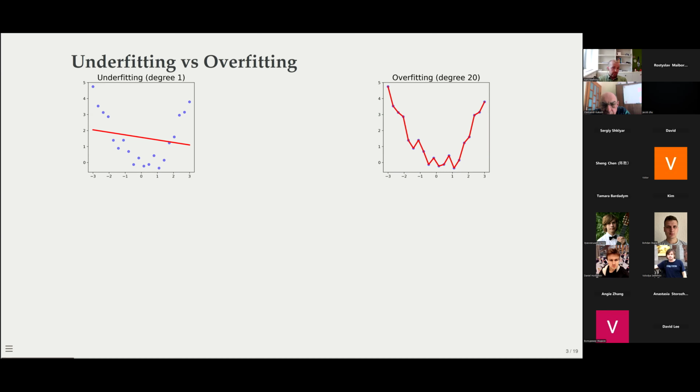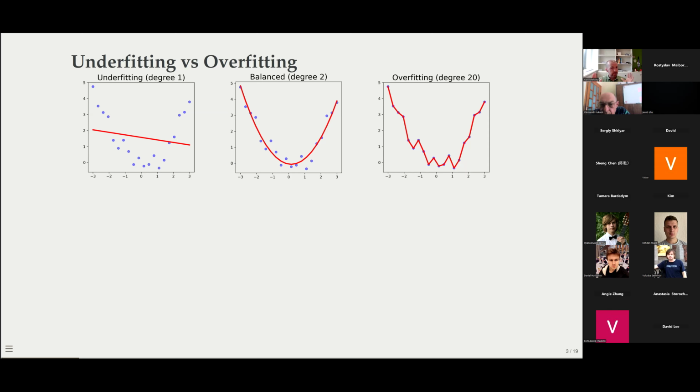And most likely, if you look at the picture, you would think that the best model would be just a quadratic polynomial. We cannot be perfect, we don't need to be perfect, but it represents our data in the best way. So this is the difference between underfitting and overfitting.